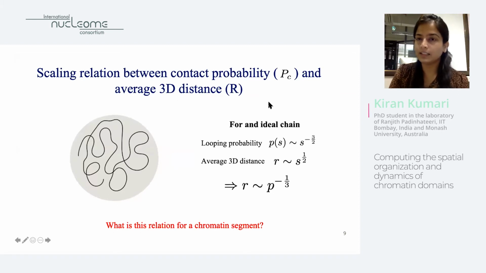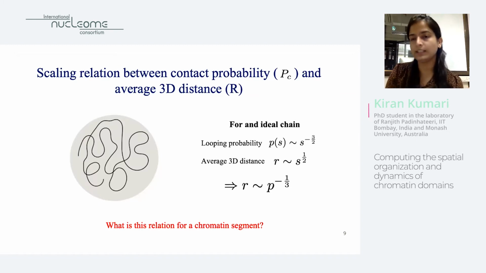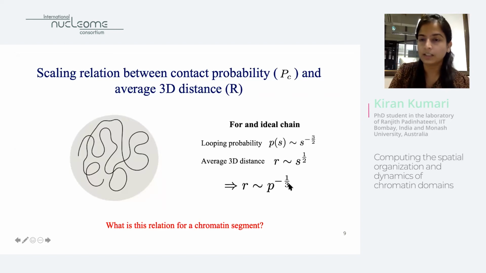If we consider an ideal chain from polymer physics, the looping probability of any two chromatin regions, or any two beads in the polymer simulation, which are s segments apart, will go as s to the power minus 3/2. And the average 3D distance, which is r, will go as s to the power 1/2. Here s is the contour distance, or the DNA distance, between the two regions we are looking at. From these two expressions, we can say that the spatial distance will go as contact probability to the power minus 1/3. Now the question is, what is this relation for a chromatin segment?